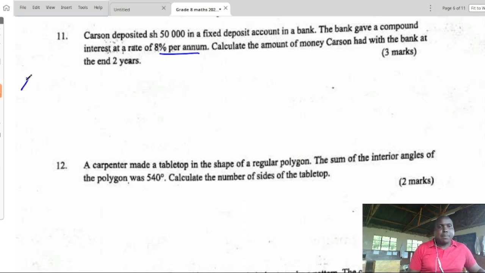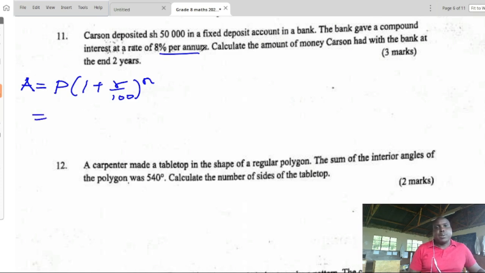Amount is equal to principal into 1 plus rate over 100 raised to power n. N is the number of years, P is the principal, the amount that is deposited, and R is the rate. Amount is equal to principal plus interest.